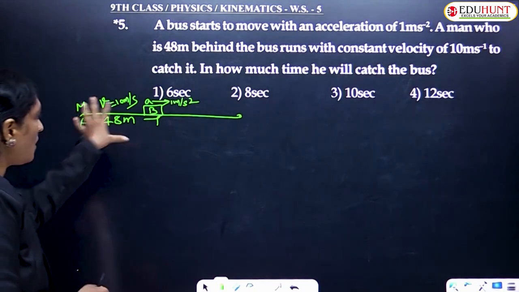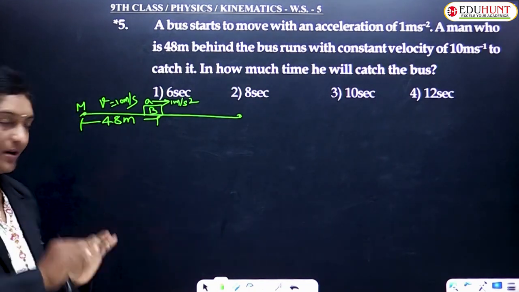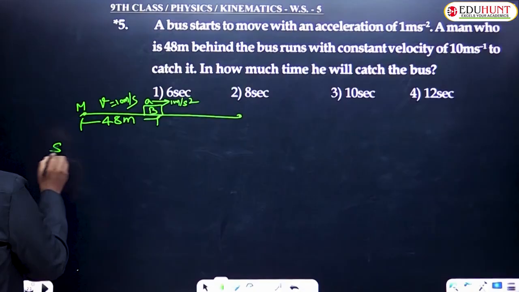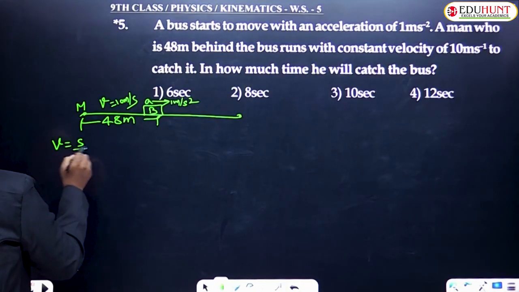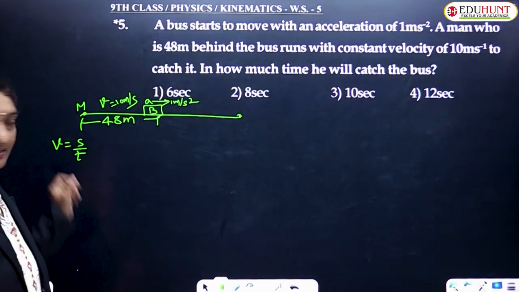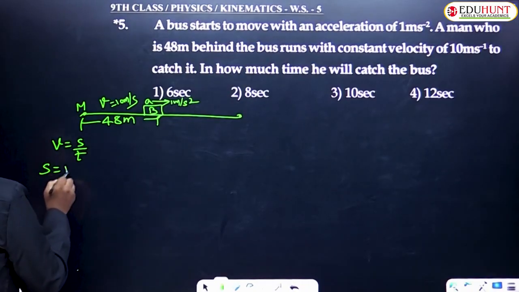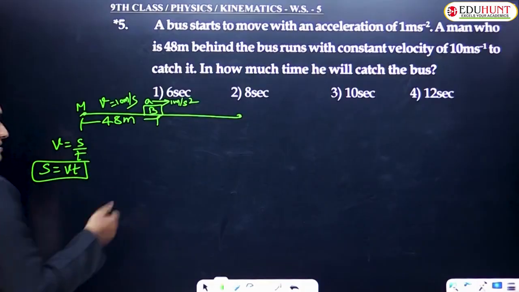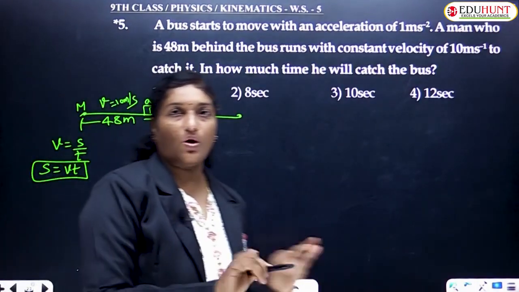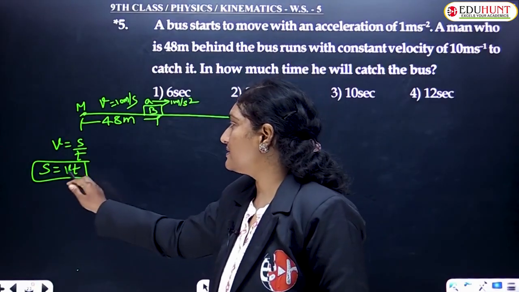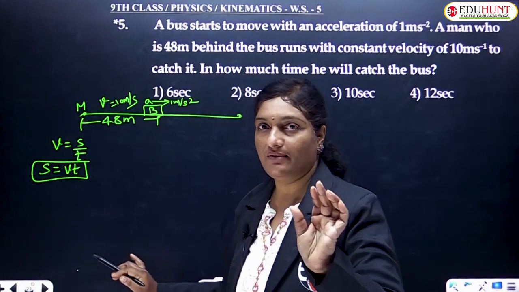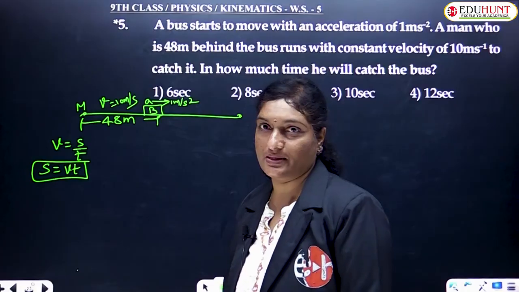So whenever an object moves with constant velocity, the normal formula you'll be using is speed equals distance by time. Distance is equal to speed into time, because there is no change in velocity, constant velocity. Whenever constant velocity, simply S is equal to Vt.